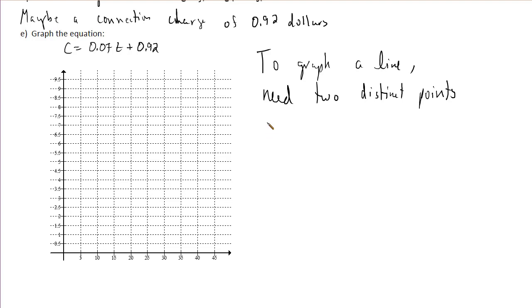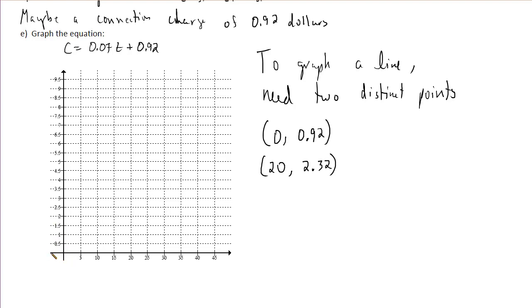And so we already have the point 0, 0.92. When the time was 0, the cost was $0.92. And then we had the point 20, 2.32. So all I'm going to do is plot those points and try to draw the line between them. So 0.92, let's check my scale on the y-axis. My scale is by 0.5s.